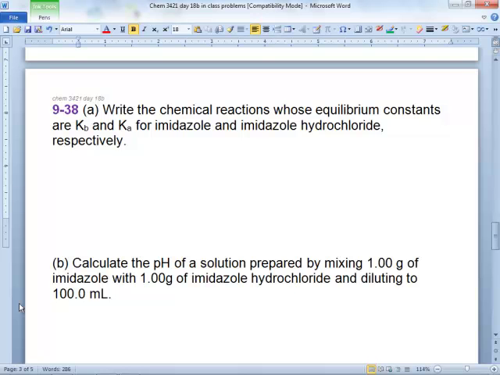Okay. So go ahead and write the Ka and the Kb reactions here. If you look in the table, I'm not very good at doing this sort of thing.